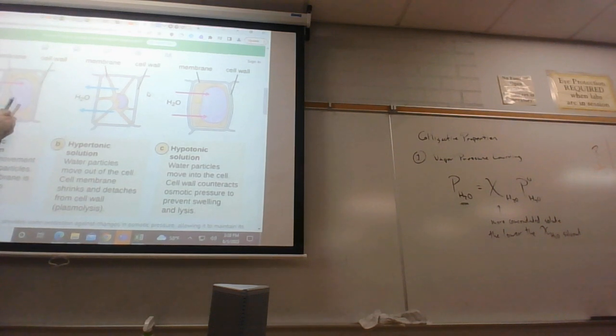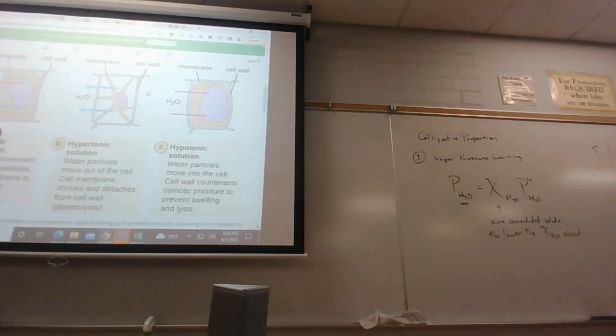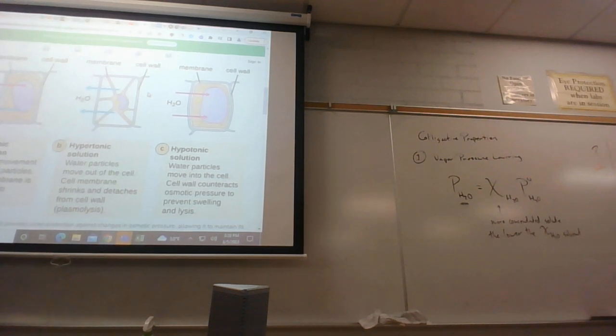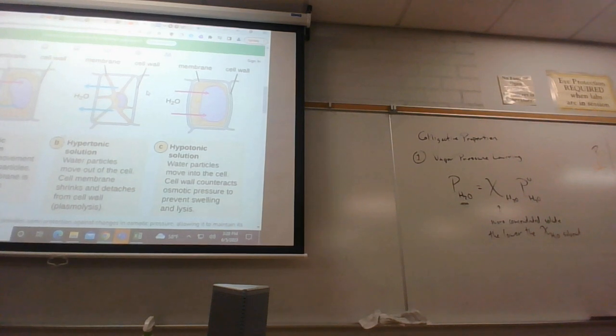Although the intracellular fluid isn't sodium chloride, it's going to have the same solute concentration when I look at all the solute particles. And when the concentrations are the same, there's no net change. The water going into the blood cell is the same as the water coming out.